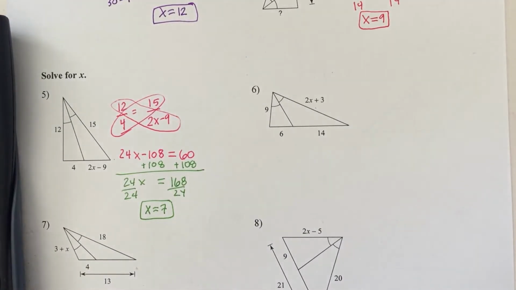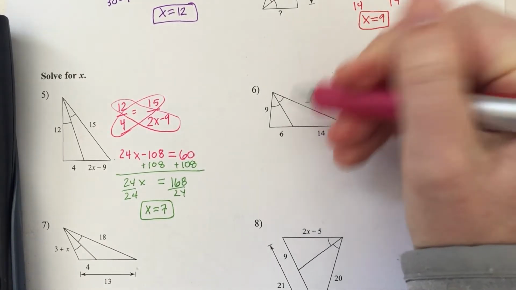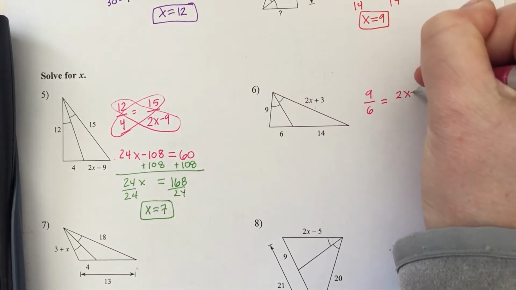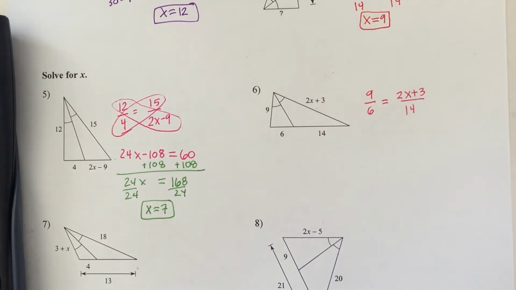Let's try 6. I set it up. 9 over 6 is equal to 2x plus 3 over 14, so I follow my same pattern.